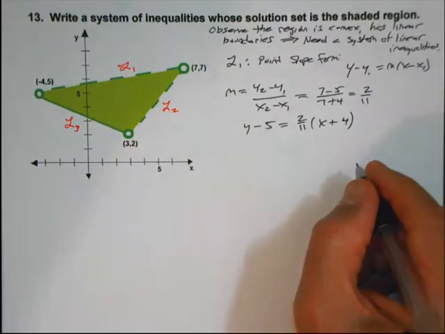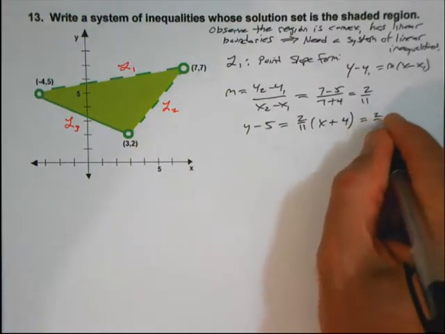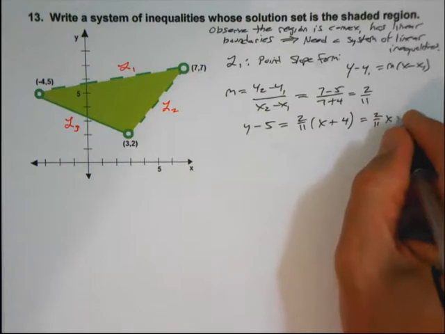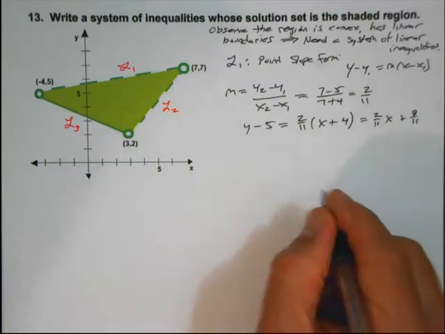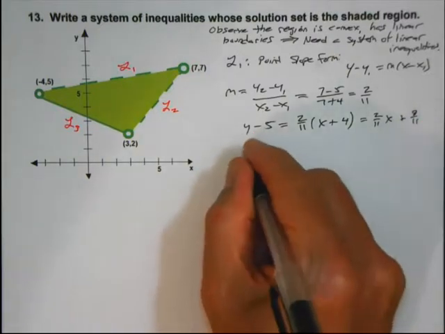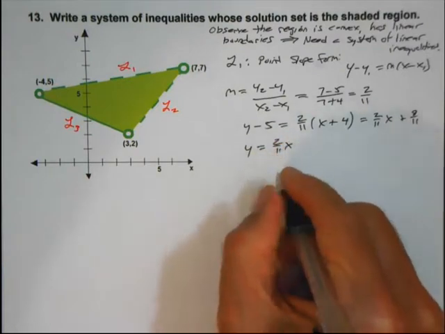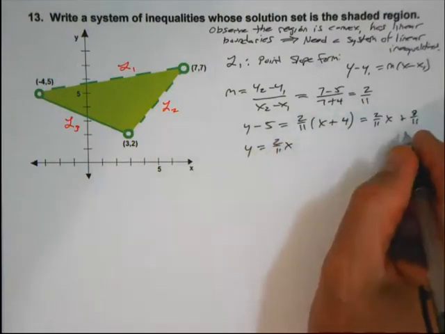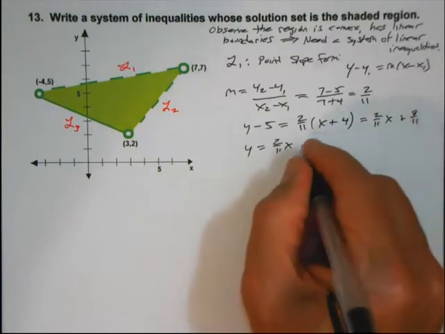Maybe we want to expand this out. So then this is 2/11ths x plus 8/11ths. Then we can add 5 to both sides. y equals 2/11ths x, 5 would be 55/11ths, 55 and 8, 63.